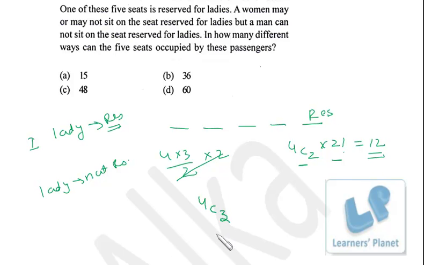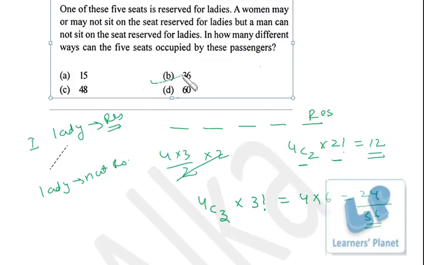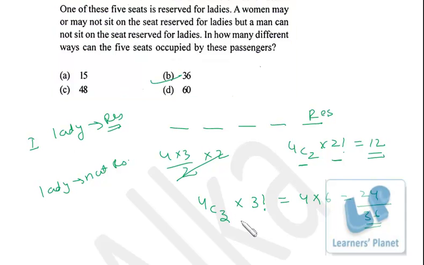In these 3 places these 3 persons can sit in 3 factorial ways. So 4C3 is 4, 3 factorial is 6, in all it is 24. So either this or this: 12 plus 24, 36 ways will be there to make this arrangement. And in this case obviously the reserved seat will be vacant.